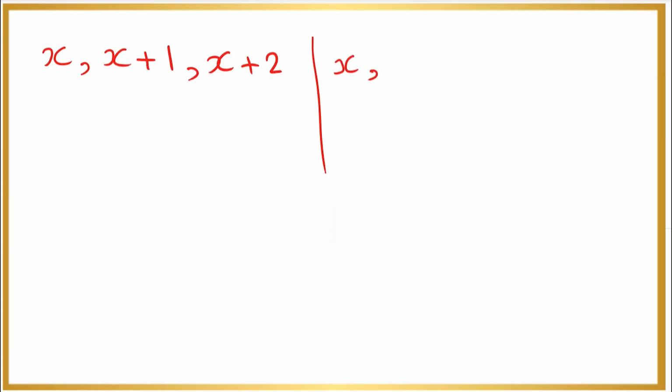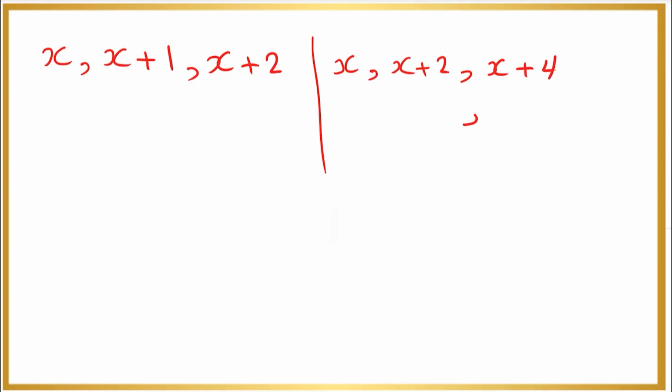Now we have a different type of question. When it says write three consecutive numbers, we write x. The second number, we write x plus 1. The third number, we write x plus 2. If it asks you to write three consecutive even numbers or odd numbers, we write the first number x, then the second one will be x plus 2, the third one will be x plus 4.